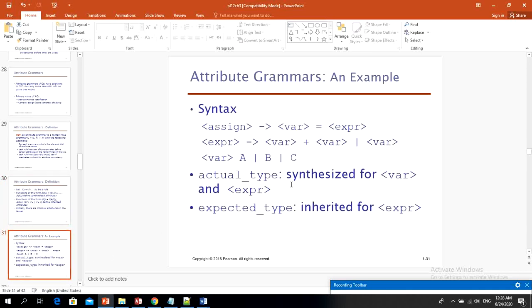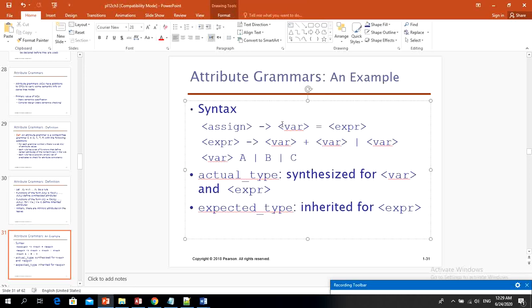So here is an example for attribute grammars. Assignment statement is equal to variable, which leads to expression. Expression implies variable plus variable, or variable. A variable could be A or B or C. So the actual type is synthesized for variable and expression. You are talking about two things: variable here and expression.